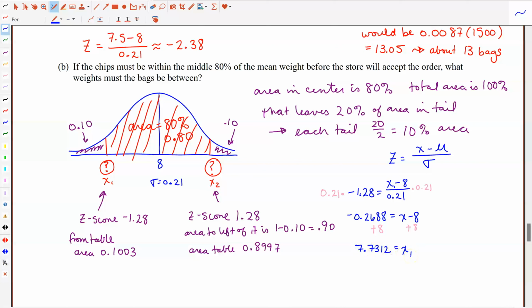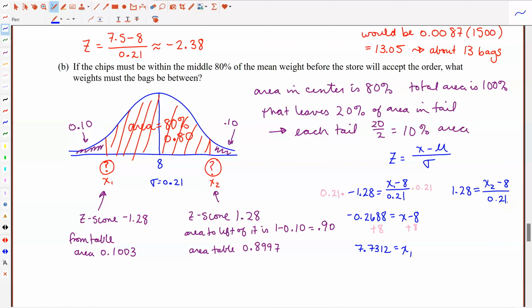We'll repeat the same game with the value on the right. So 1.28 is equal to the data value that I want, which I'll call x sub 2, minus 8 divided by 0.21.